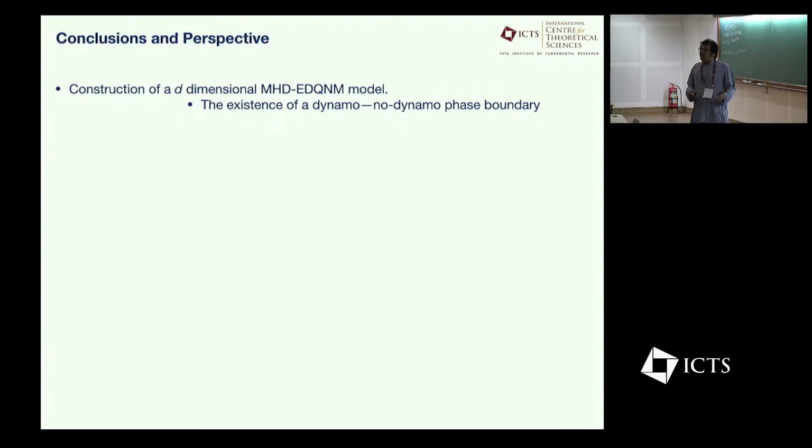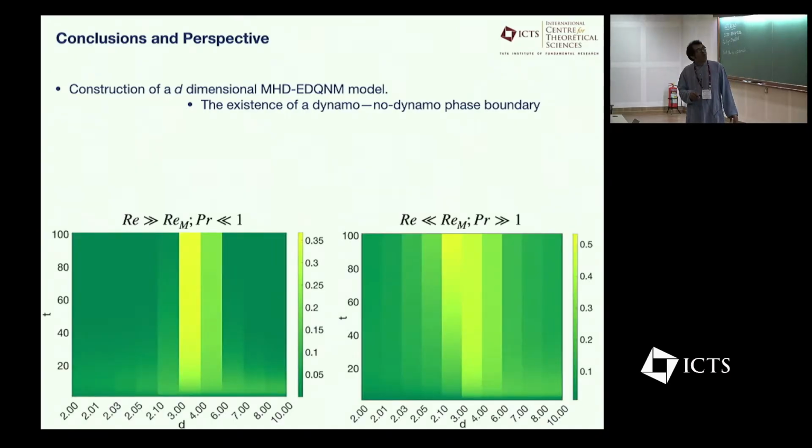And with this model, unlike simulations or experiments, I suppose, we can actually span the space, this phase diagram that I showed you at the beginning about where the galaxies are, where the solar wind is, etc. I don't even know the numbers very well, but you can show with this that for very small Prandtl number, where you're really talking about terrestrial experiments, the dimensions in which you can sustain dynamo shrink, and it really becomes 3D.